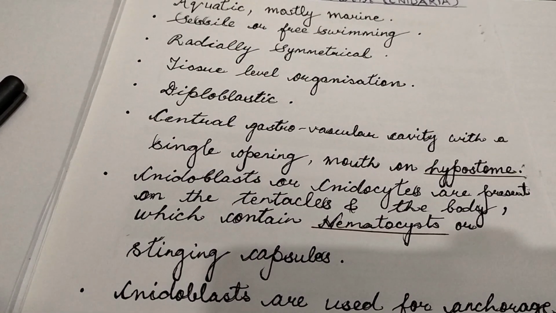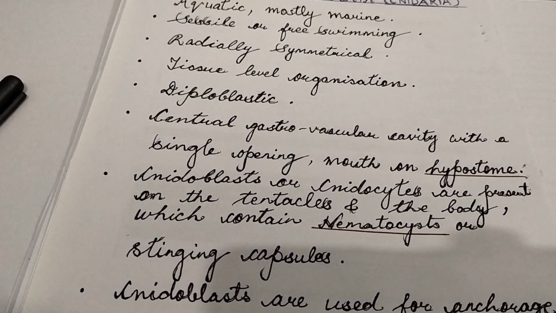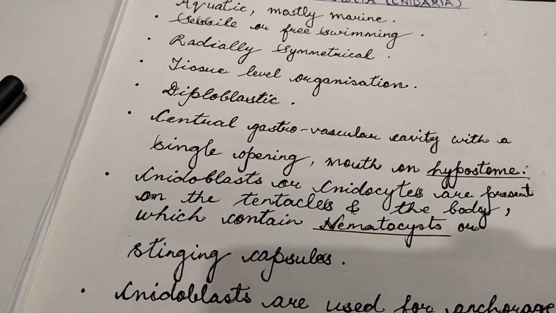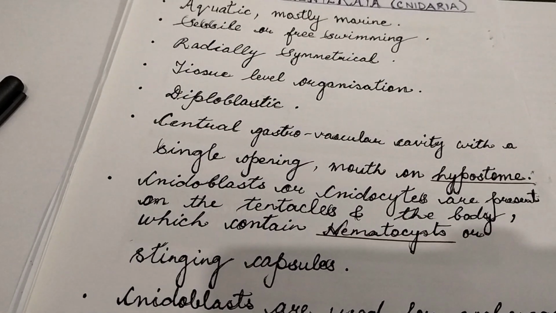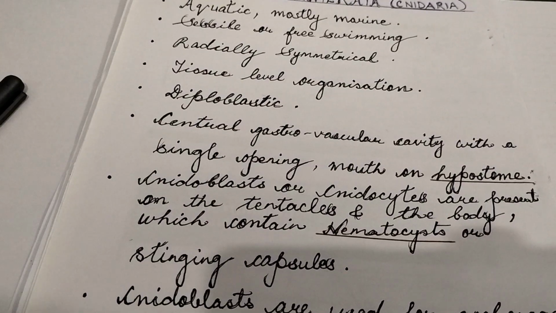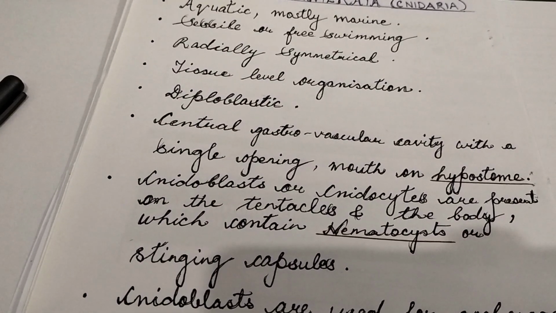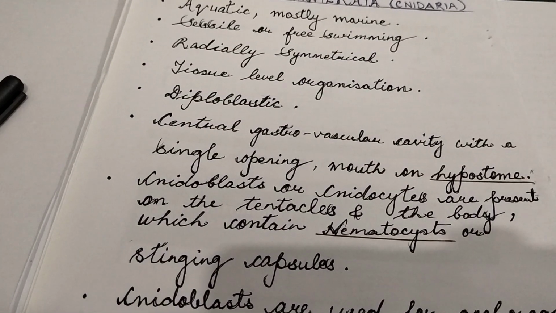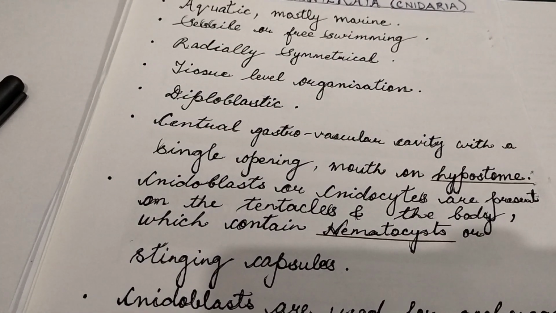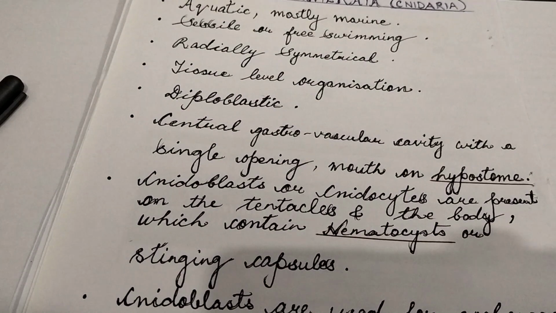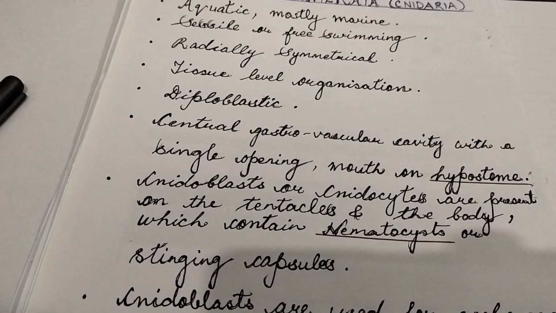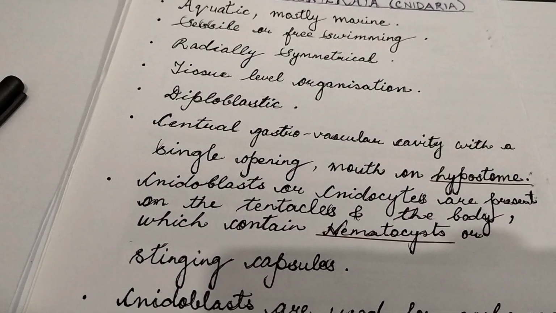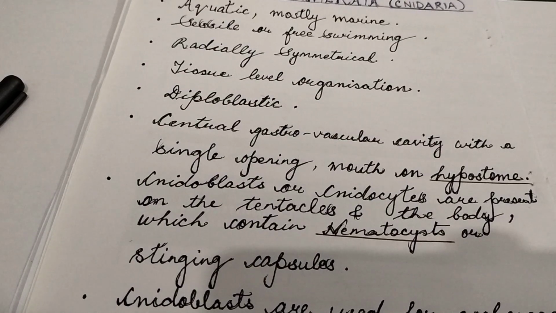They contain nematocysts or stinging capsules, which means they capture the prey with the help of these stinging capsules. These nematocysts are present where? In the tentacles, on the surface of the tentacles. And in which kind of cells? They are contained in cnidocytes or cnidoblasts.